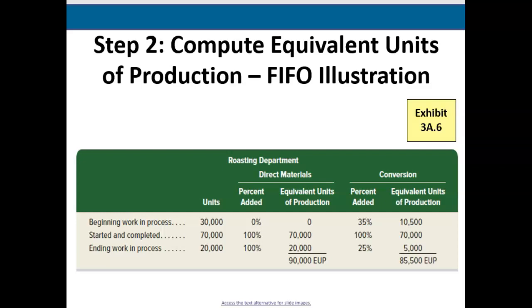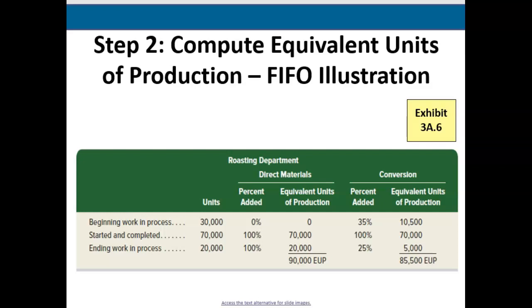For conversion, the total equivalent units of production is 85,000. So 10,500 plus 70,000 plus 5,000. Beginning work in process had 30,000 units that were 65% complete for conversion. These units needed another 35%, so we subtracted 100% minus 65% to complete them.